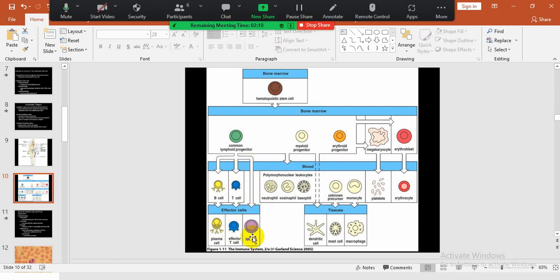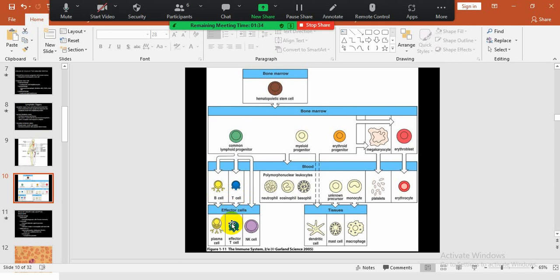Then also we have the natural killer cells. They are non-specific cells, but mostly they fight against viruses, or they mediate viral infection prevention. So we have plasma cells producing antibodies, and they belong to the B cells.